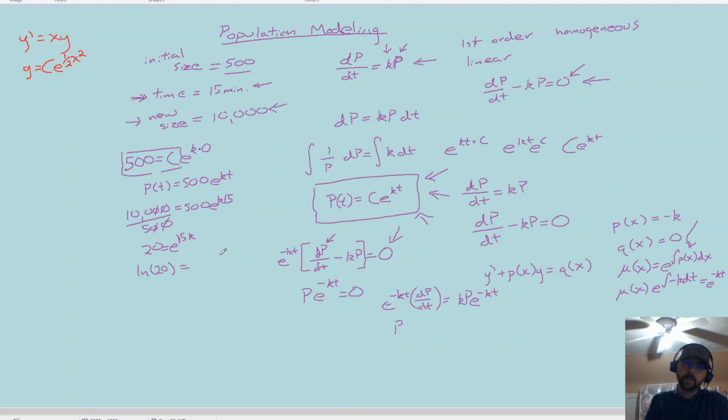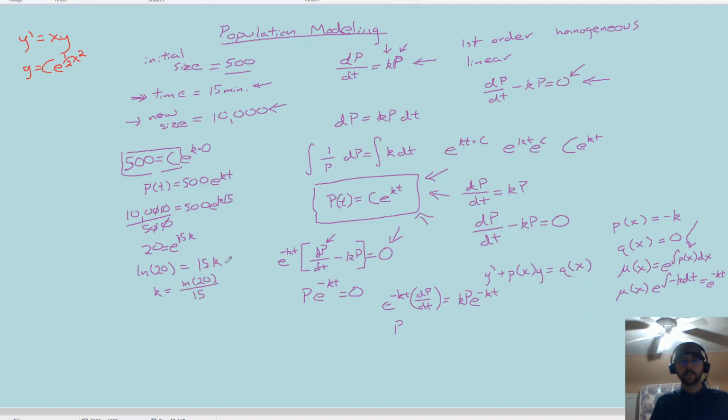The natural log of e equals 1, so it's 15k times 1, or just 15k. And then k equals the natural log of 20 divided by 15.